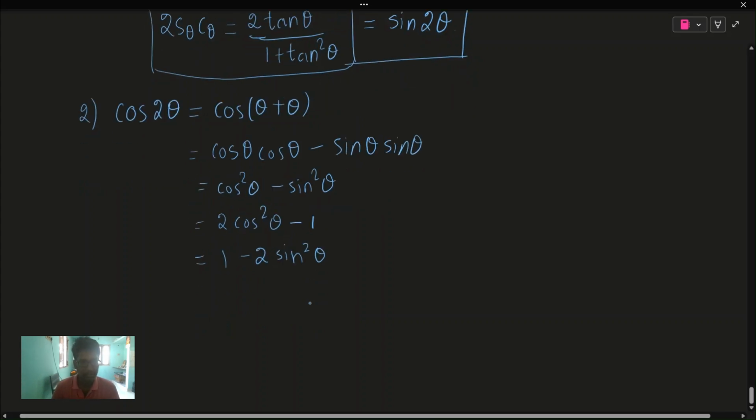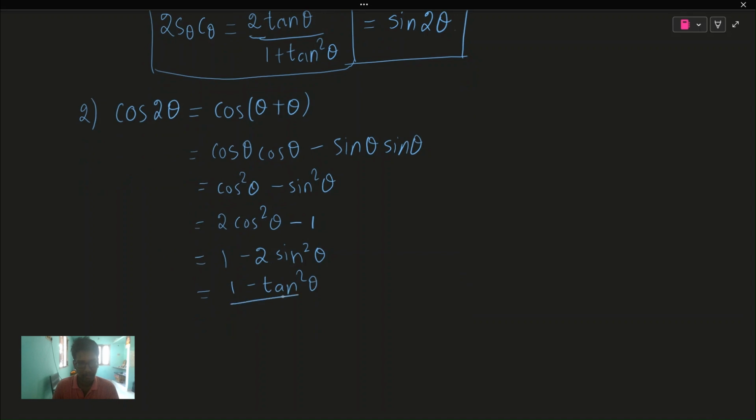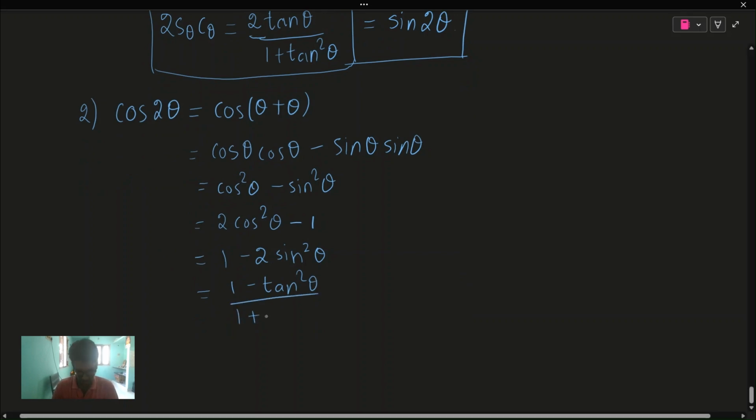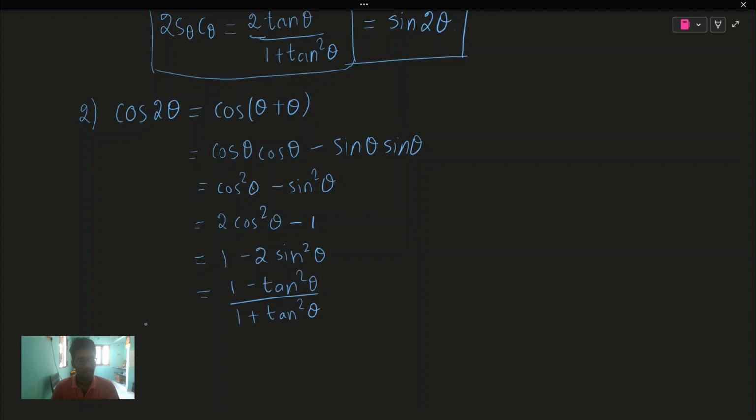And we can also extend the same in tan also: 1 minus tan square theta divided by 1 plus tan square theta. So in these five different forms, cos 2 theta can be written.